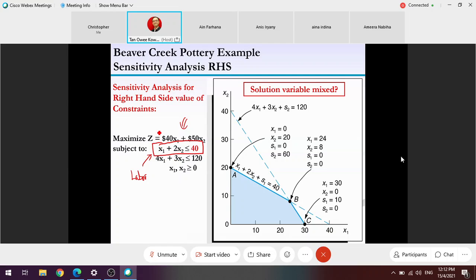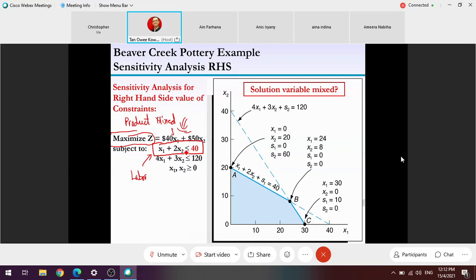Basically, in chapter 2, we called it product mix. We call it product mix because this company is producing 2 products. It could be more than 2. One is ball, one is mug. So the objective for this linear programming is to identify how many balls should be made by the company, and how many mugs should be made, in order to maximize profit. So that's the reason we call it product mix.